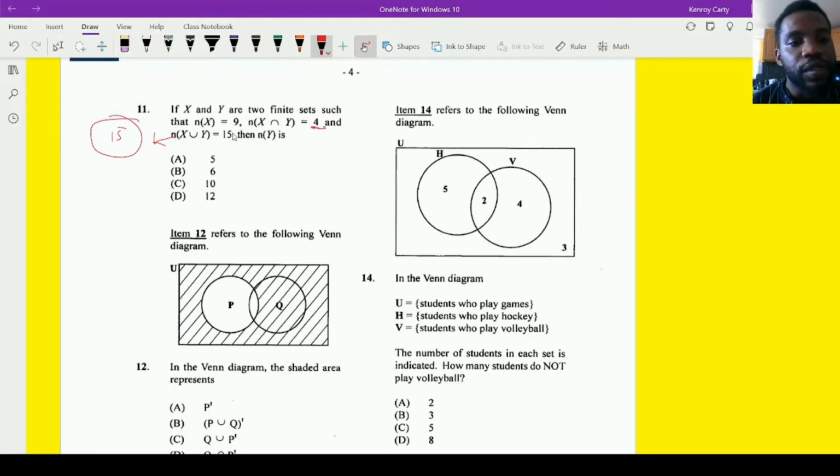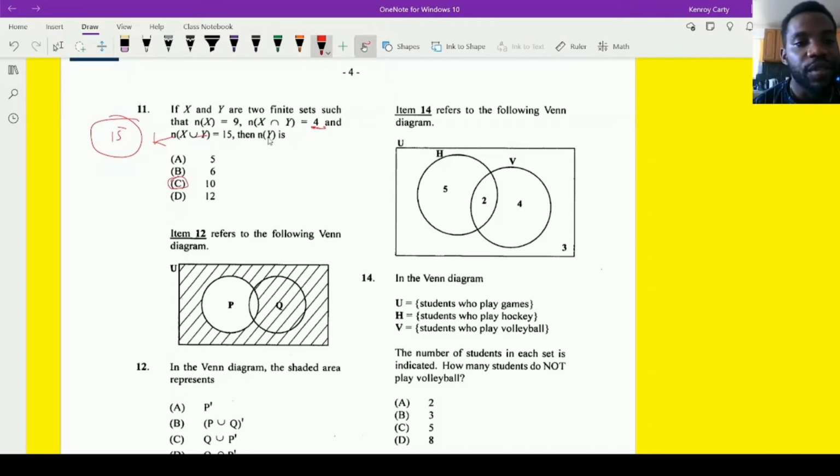So let's go. Is it 5? No, because 9 plus 5 is 14. 14 minus 4 is not going to give me 15. Is it 6? 9 plus 6 is 15. 15 minus 4 will not give me 15. Is it 10? 9 plus 10 is 19. 19 minus 4 is 15.